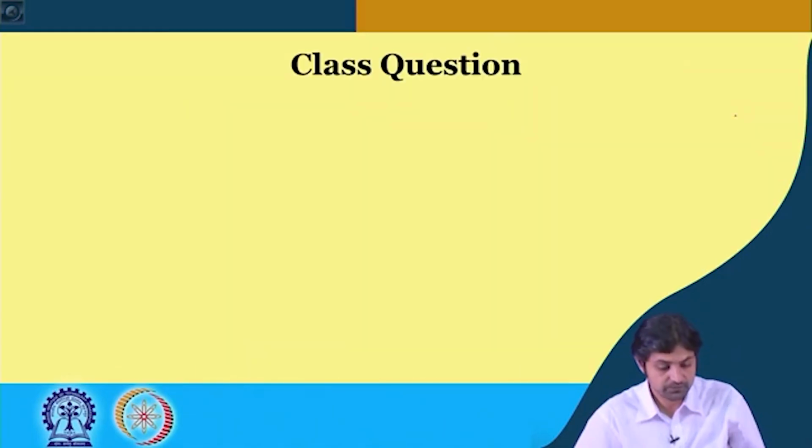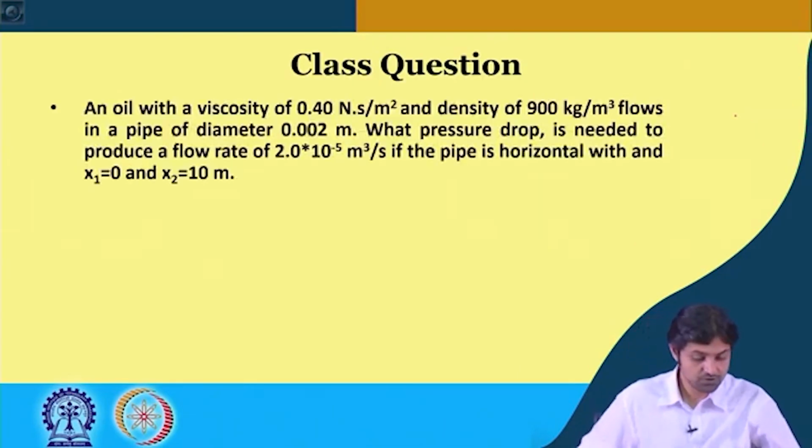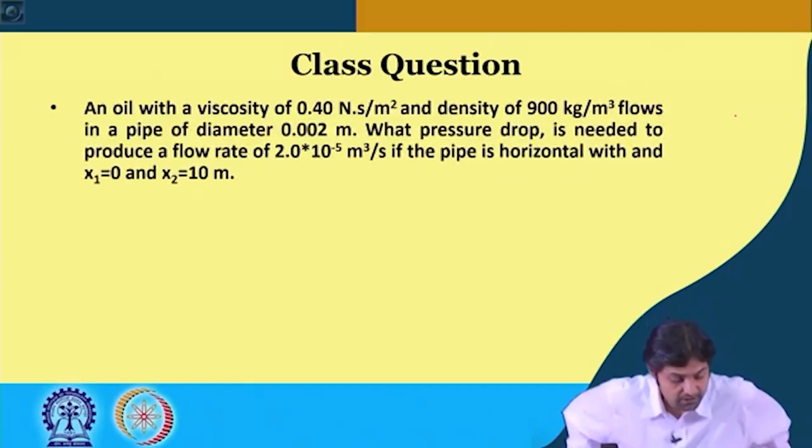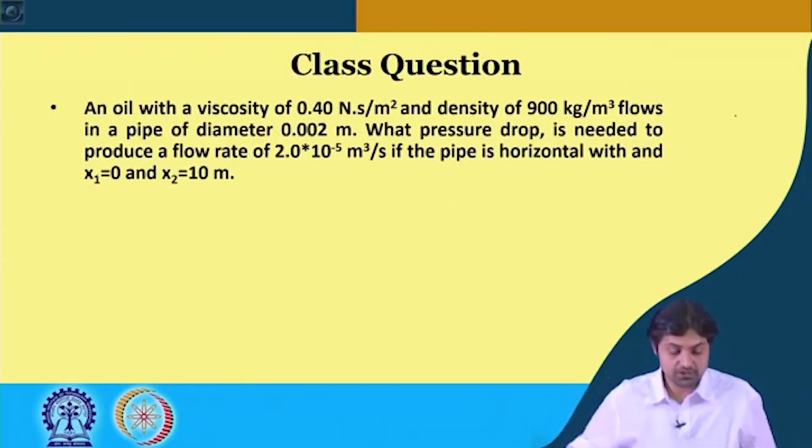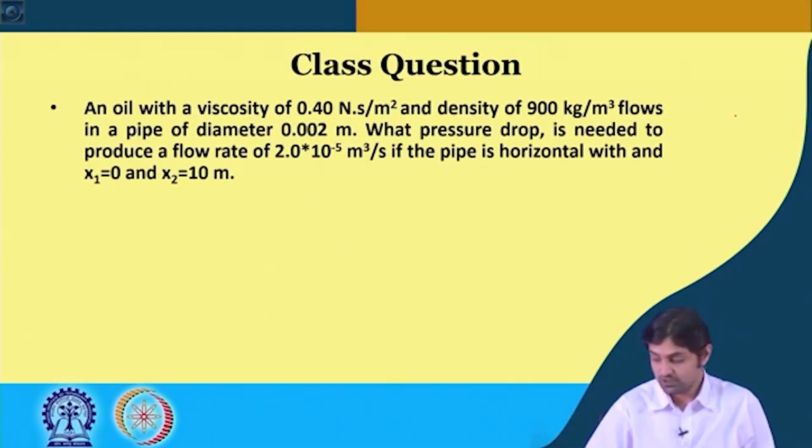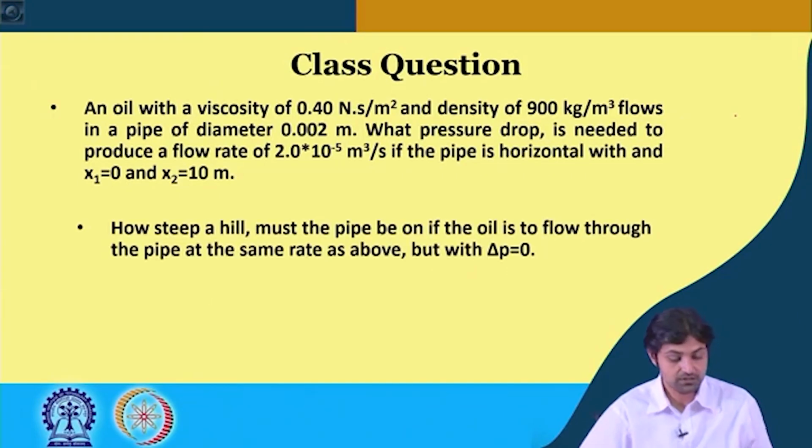Good. So, now we are going to solve a question which says that an oil with viscosity of 0.4 Newton second per meter square and density of 900 kilogram per meter cube flows in a pipe of diameter 0.02 meter. What pressure drop is needed to produce a flow rate of 2 into 10 to the power minus 5 meter cube per second if the pipe is horizontal with x1 equal to 0 and x2 equal to 10 meter?